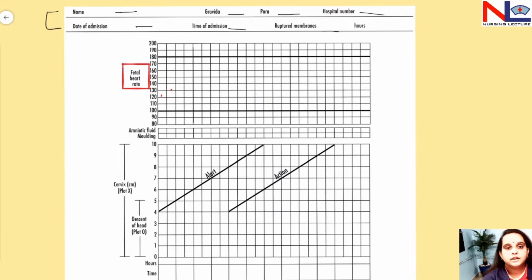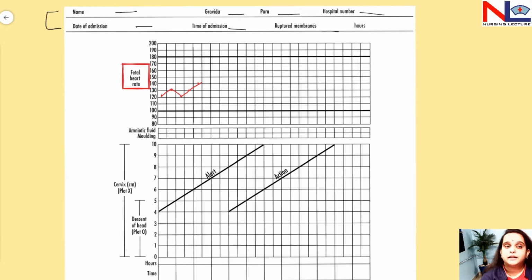Suppose we get 120 or 130 beats per minute, or again 120, or again it goes to 130 as well as 140. Likewise we are measuring by a dot, and then we will join all these dots by a straight line. So, this is how we will record the fetal heart rate.